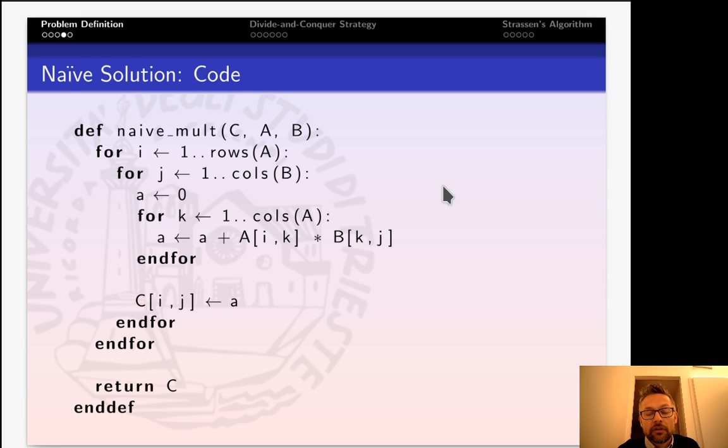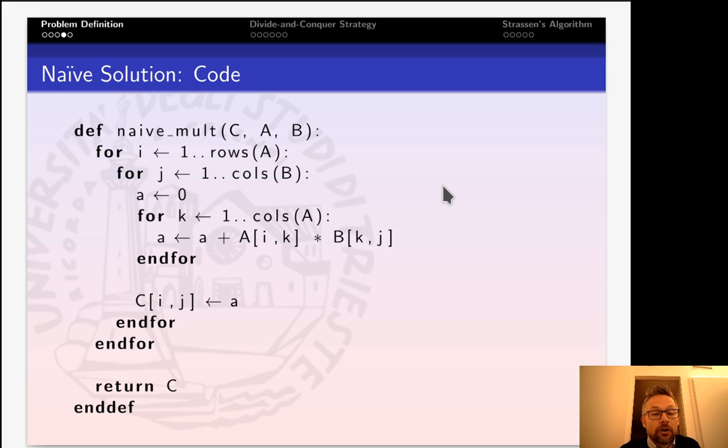So the loop in which we are going through the index i, the loop in which we are going through the index j, and the loop in which we are going through the index k, all these loops keep repeating their operations from 1 until n. Remember the number of rows and the number of columns of both A and B are the same, and they are n.